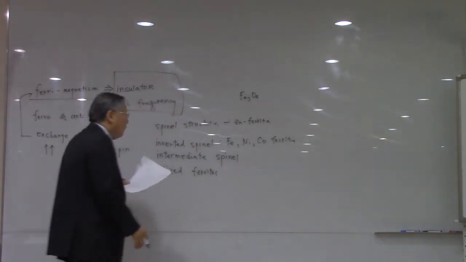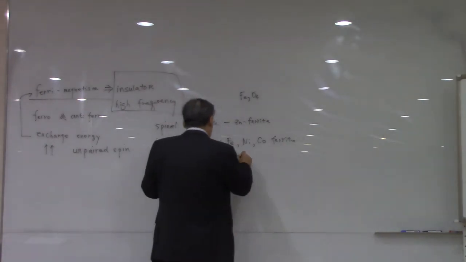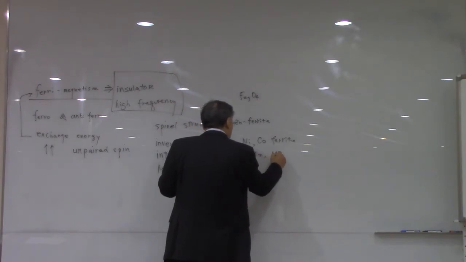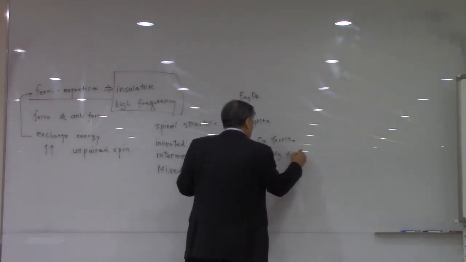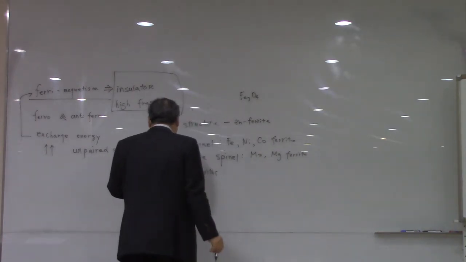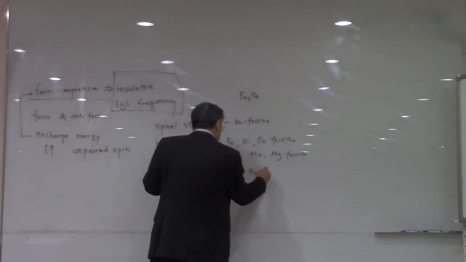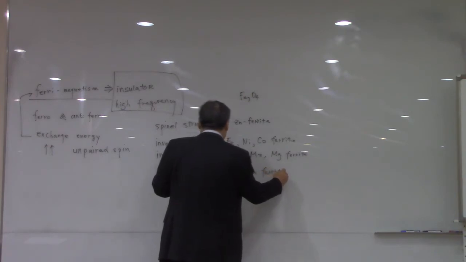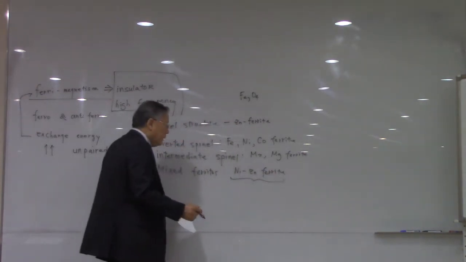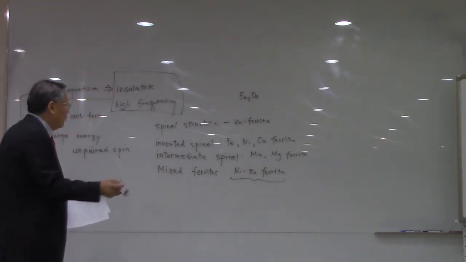All these ferrite materials show inverted spinel. And the intermediate spinel: manganese and magnesium ferrite. Mixed spinel, mixed ferrite: nickel zinc ferrite. When we say nickel zinc ferrite, it means that we have a mixture of nickel ferrite and zinc ferrite, something like that, okay?